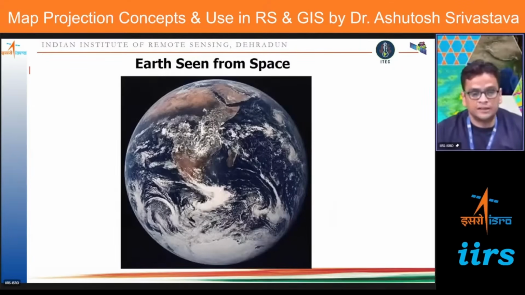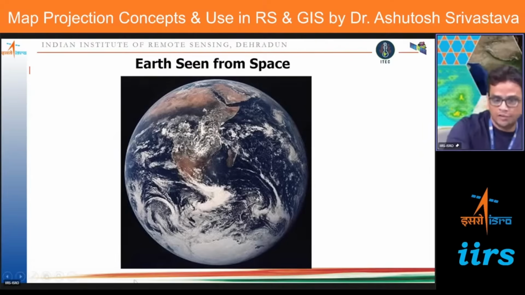This is a picture from a space satellite image. Now you can see our Earth looks like a sphere. As I just told you, it is not a perfect sphere, because there is only a 22 kilometer difference with reference to 6,000 plus kilometers, which is very minimal. So it looks like a sphere, but it is not a perfect sphere, that's the first thing.